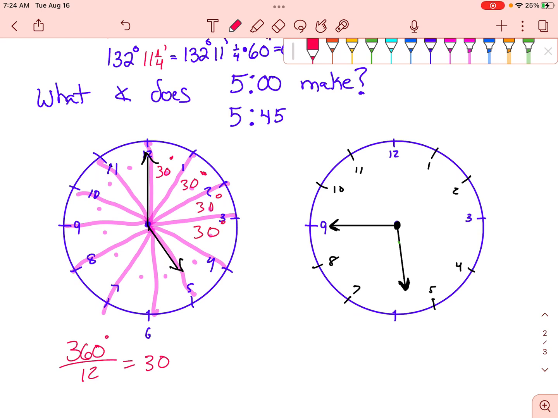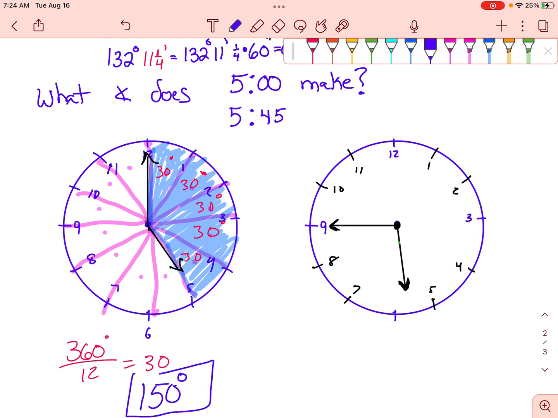So if I ask you what the measure of 5 o'clock is, all I'm doing is adding 30 five times. So I'm just looking at this angle right here, and we can see that this measure would then be 150 degrees. And of course, not every problem is going to be that easy. So I'm also going to ask you, what angle does 5:45 make?